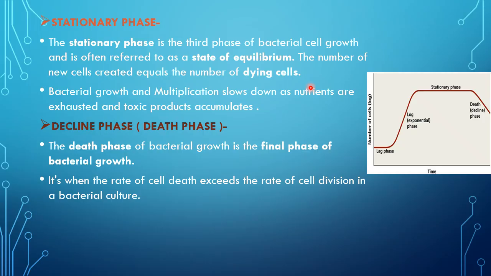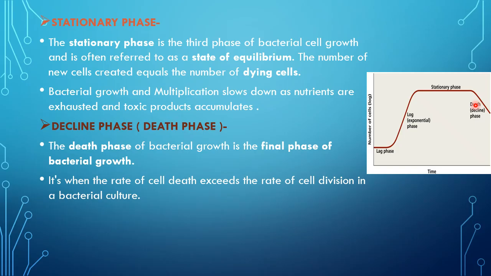Particularly in the stationary phase, the number of new cells created will be equal to the number of cells dying. Because nutrients are not supplied to all the bacteria, half of the bacteria are dying and half of them are created.